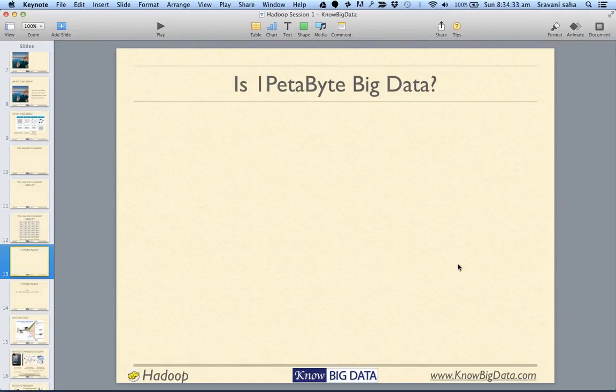And if you can type it, it will be great, if you can justify your reasoning behind a petabyte not being big data.